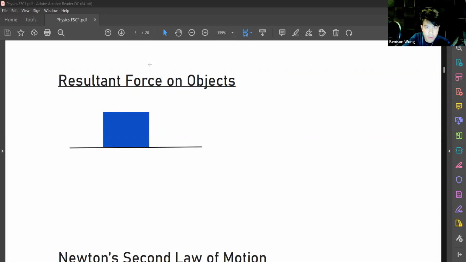This object will exert a force on the surface, right? Does that make sense? Let's say your hand is the surface and I have my mouse here. You put something on your hand, you feel a force of this object pushing your hand down. Look at my hand.